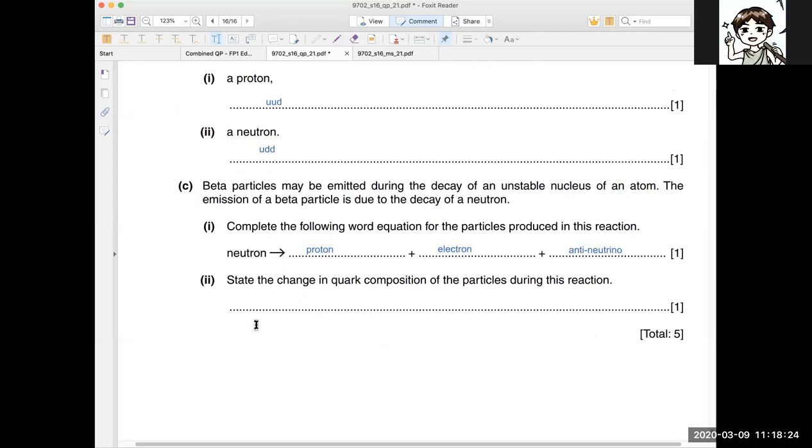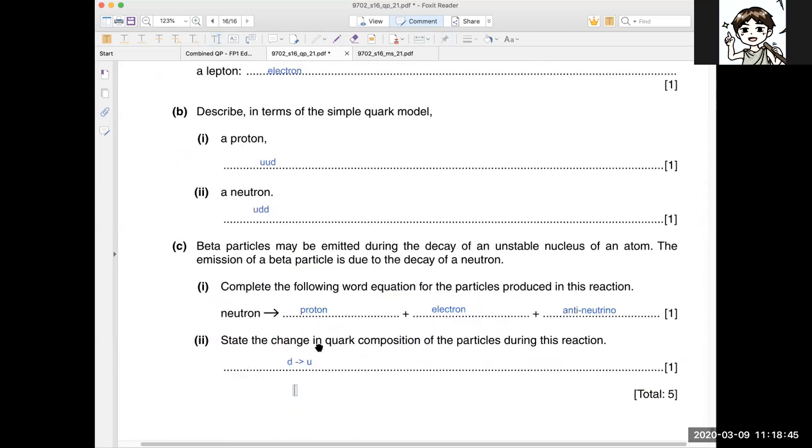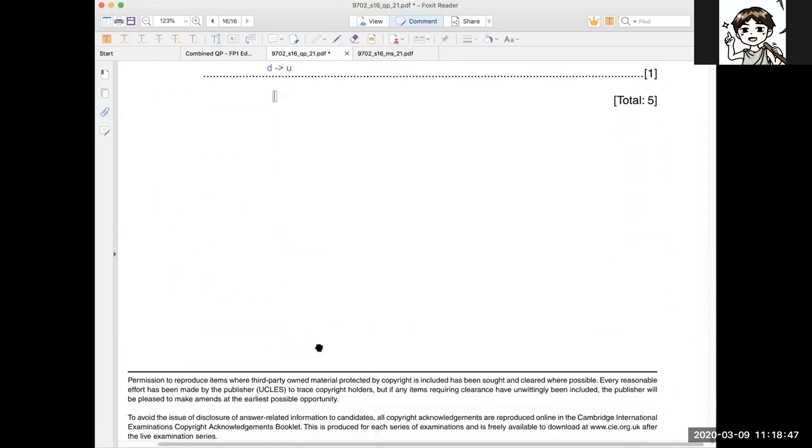State the change in the quark composition. I think we have done this question already. If you look at part 2, one down quark becomes an up quark. And then you get 5 marks. So easy. You can finish it in 1 minute.